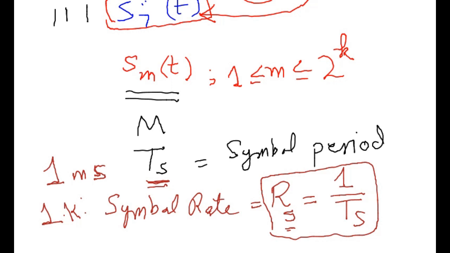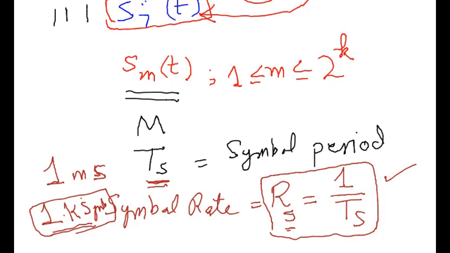You are transmitting 1 kilo symbols in 1 second. So this is how we find the relationship of the symbol rate to the signaling interval.